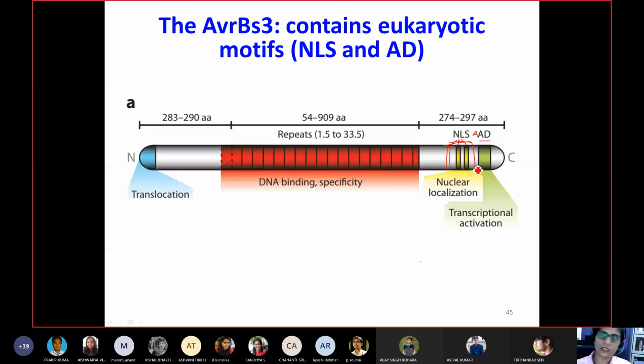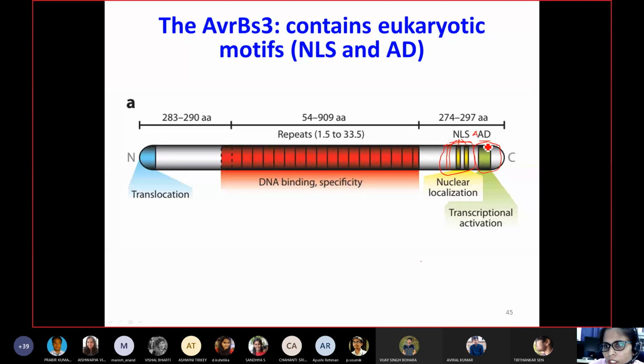So this is about 30 years back. At that time it was not known how these proteins behave. At first, if you see a nuclear localization signal, the first thought is to check the localization, whether this protein is present in the nucleus or in the cytoplasm. So they first checked within Xanthomonas.